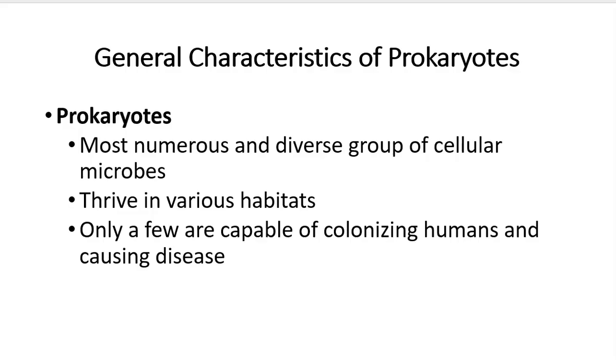They can survive in the atmosphere and clouds. So they can survive everywhere. There's only a few of them that are actually capable of causing diseases to us. If you think about all the prokaryotes everywhere, only a very small number actually cause us problems.